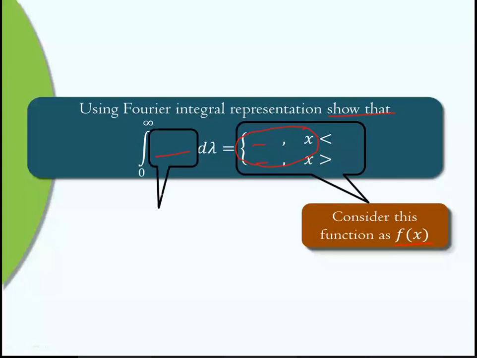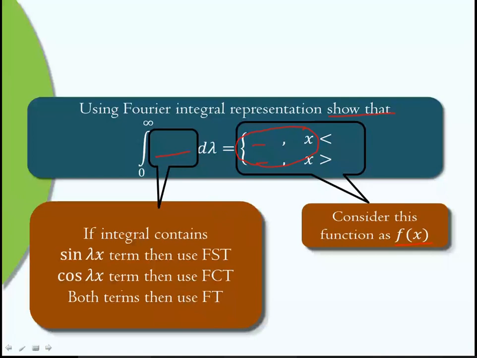This integration may contain a sin λx term, a cos λx term, or both. If this integration contains only a sin λx term and some other function of x, then in that case use the Fourier sine transform on this f of x, find the value of fs(λ), and take the inverse of that.